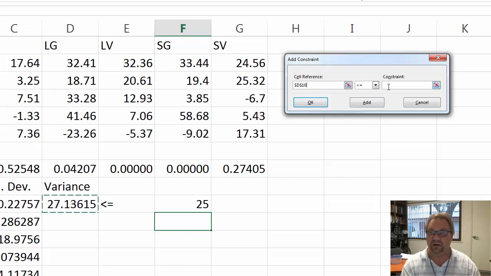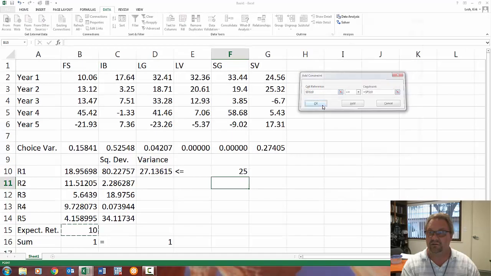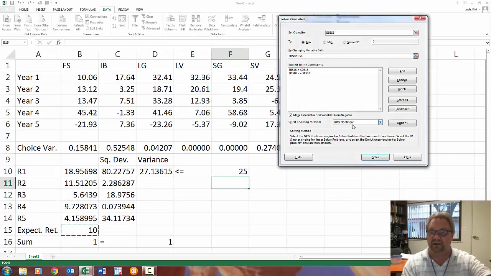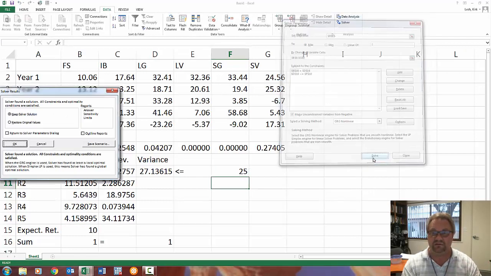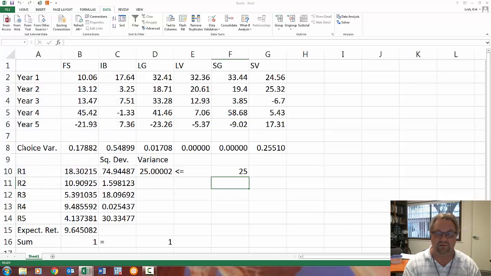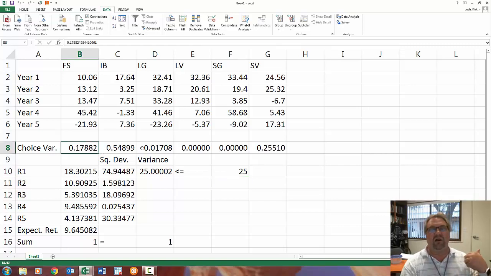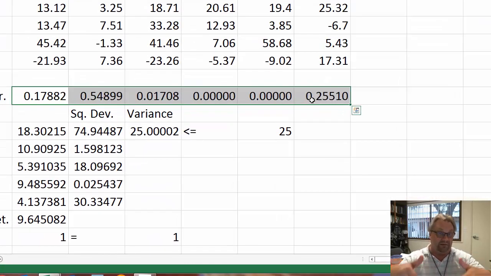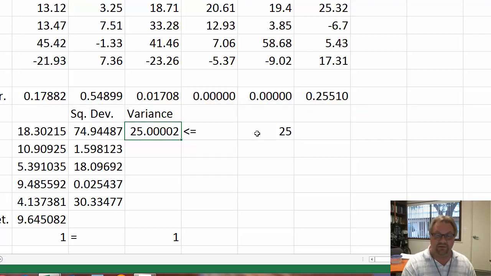So this number has to be less than or equal to this number. Non-negativity, non-linear, solve. Here you go. So what this is telling me now is, I want to invest my money in this pattern, and if I do so, my variance will be 25%.